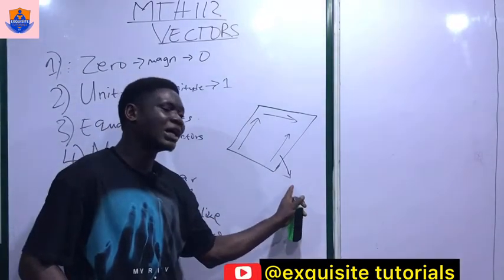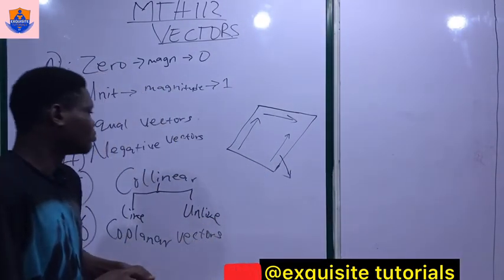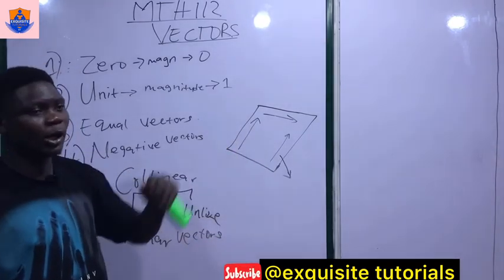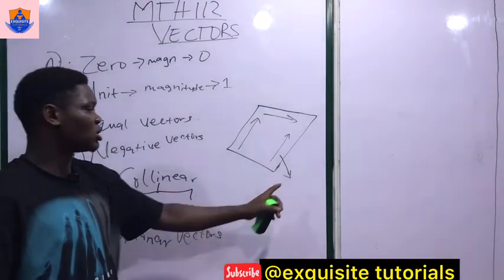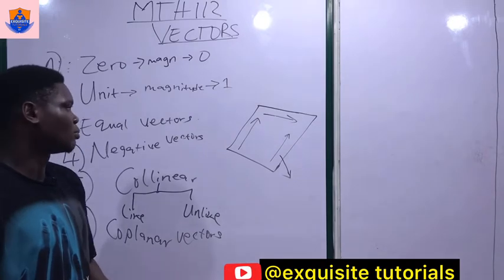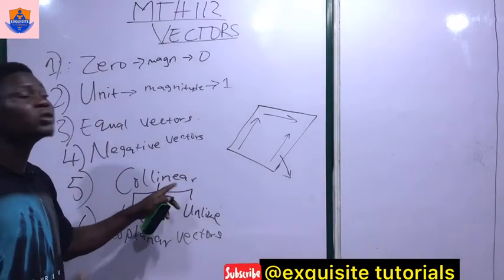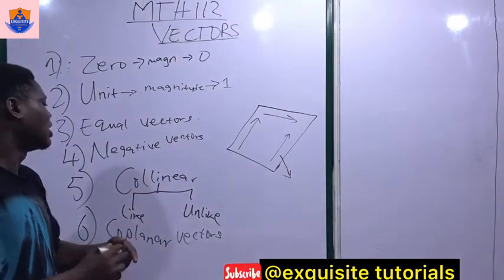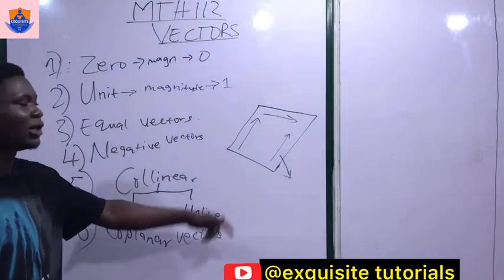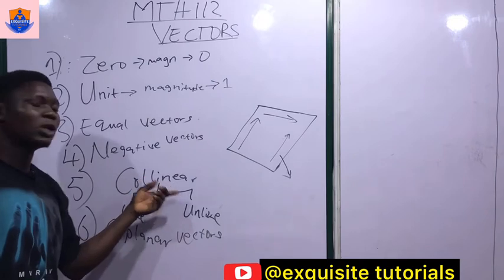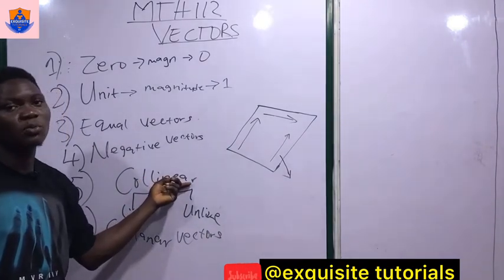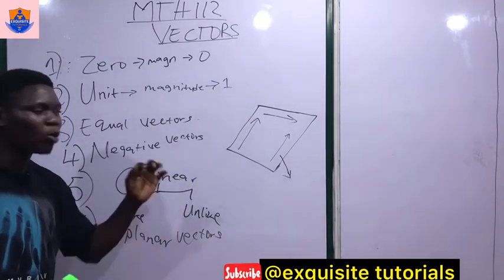But this one is not lying on this plane, so it is not a coplanar vector because it is not lying on the same plane. Now, if two vectors are not parallel to each other, definitely they are non-collinear vectors. So when you find out that two vectors are not parallel to each other, they are simply non-collinear vectors.